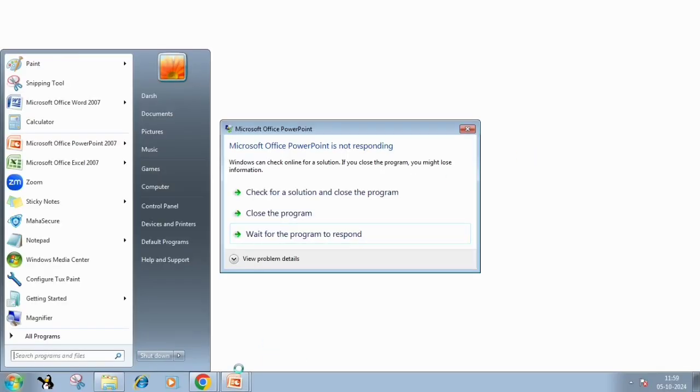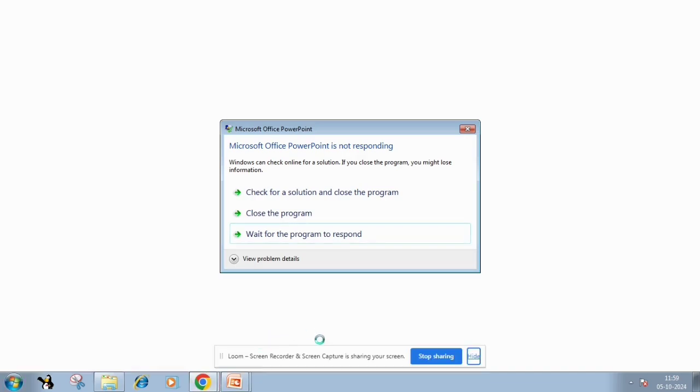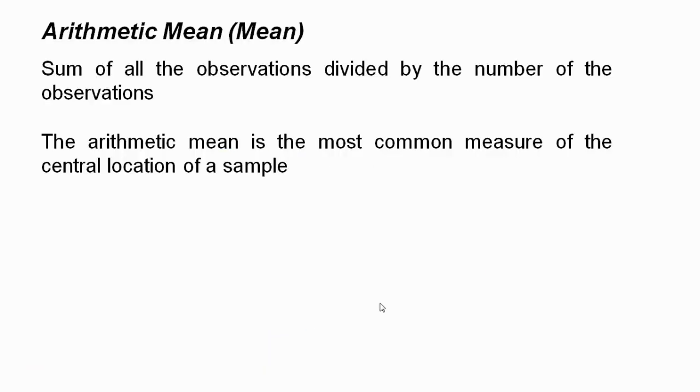So let's see the first measure of central tendency. The first measure of central tendency is the mean.